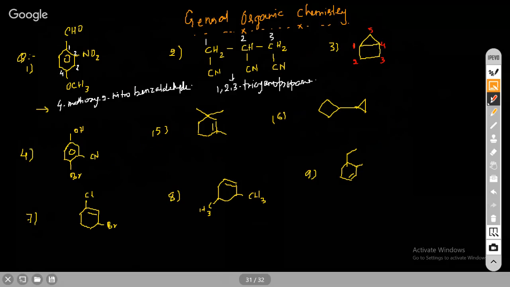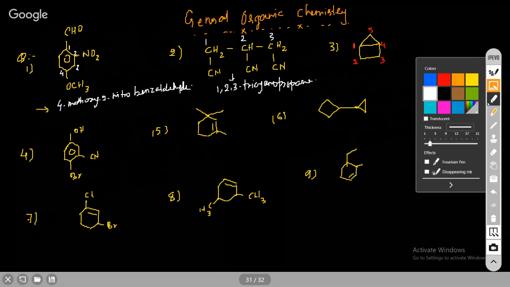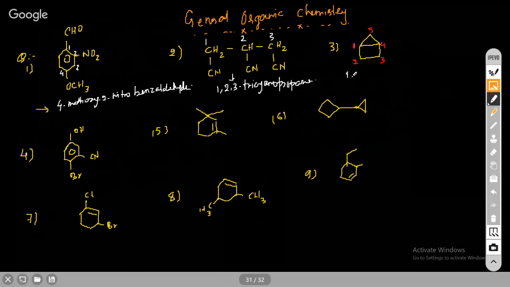Now since this is a bicyclo compound, we'll write down the name simply starting with bicyclo, open bracket. The number of carbon atoms here is 5, so we'll write pentane. Now in this open bracket we'll write some numbers, and that is the number of carbon atoms present in the two rings, except this common carbon atom which we also call a bridge carbon, right.